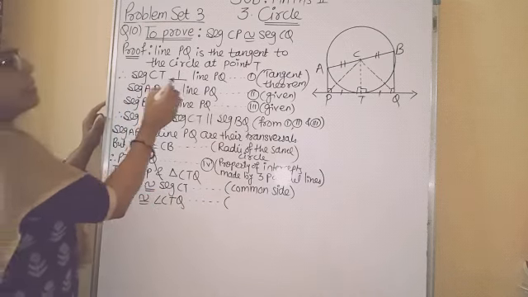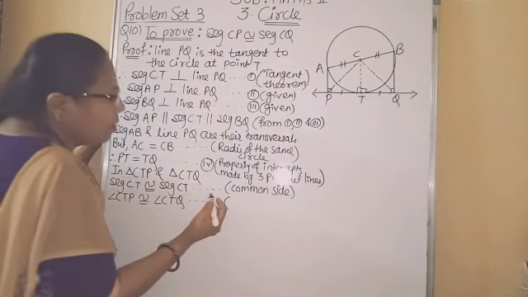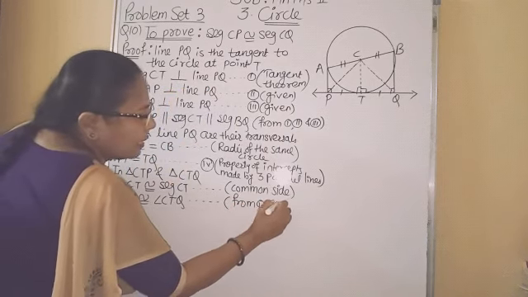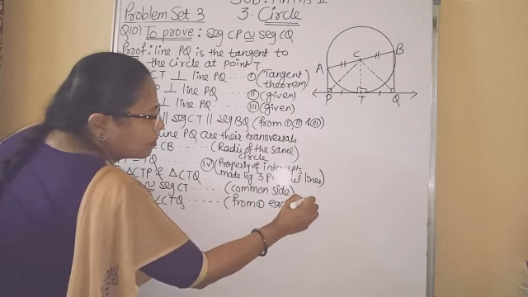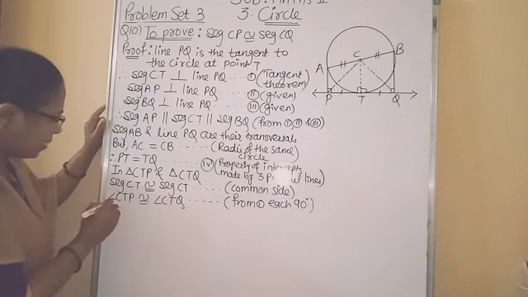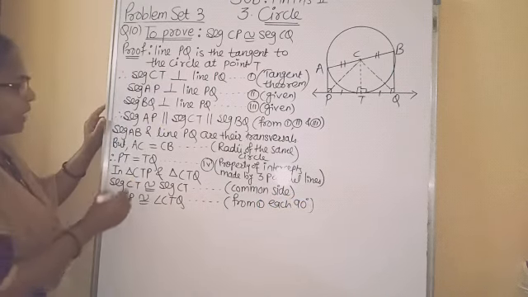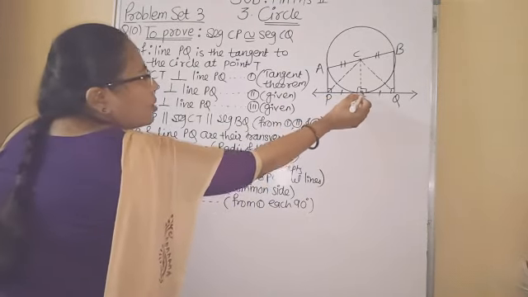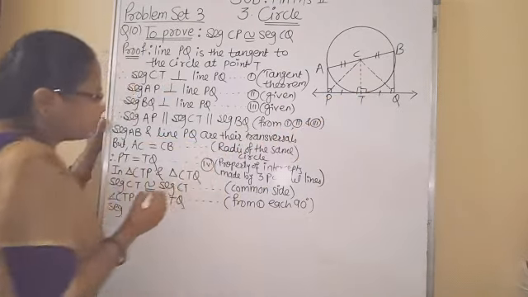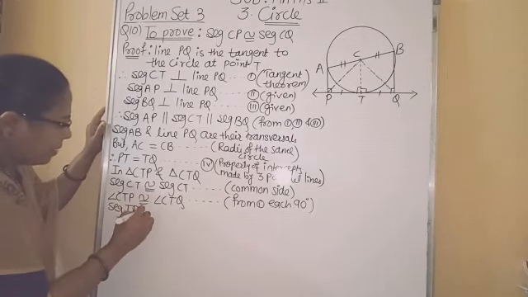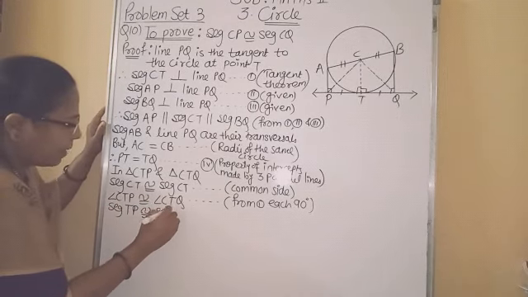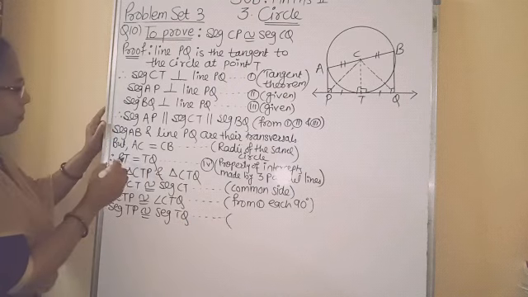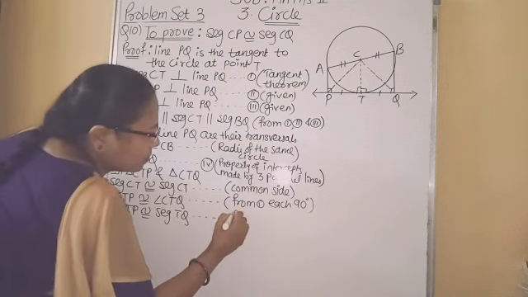Here we wrote that CT perpendicular to PQ from 1, each 90 degree, and segment TP congruent to segment TQ, from 4.